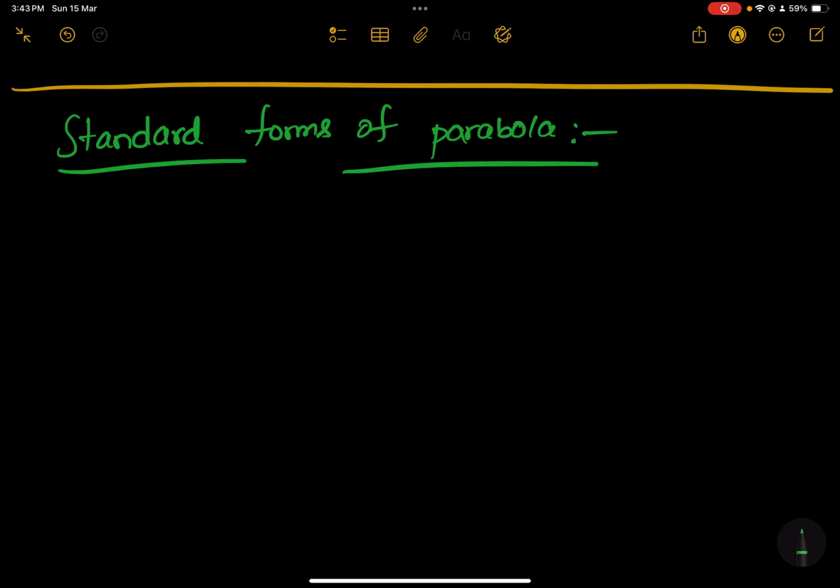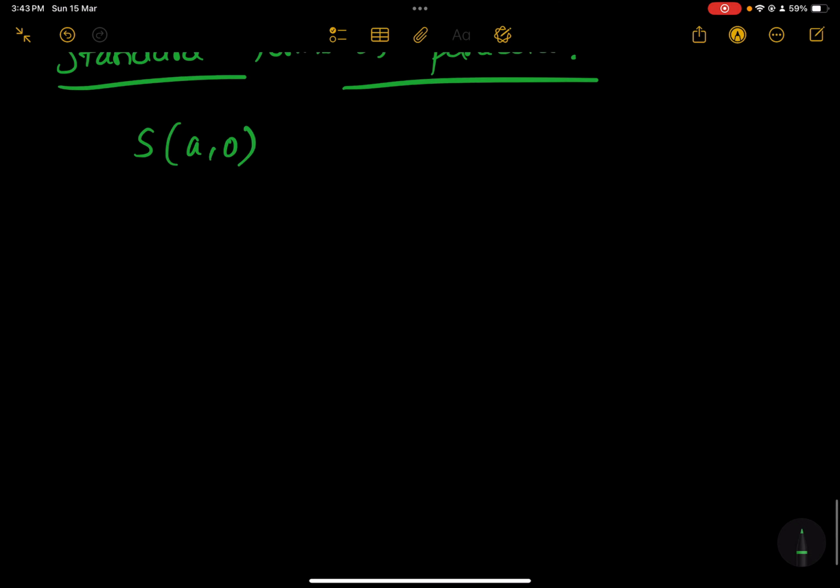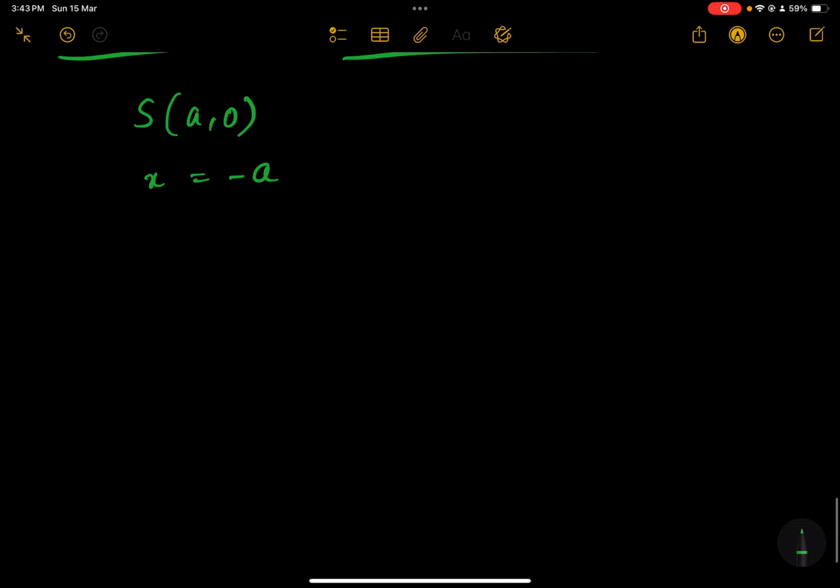Let us consider there is a focus on x-axis at a point whose coordinates are a, 0, and the directrix is the line x is equal to minus a, and your axis is simply x-axis. So now with this information we can draw the figure. So axis is your x-axis.